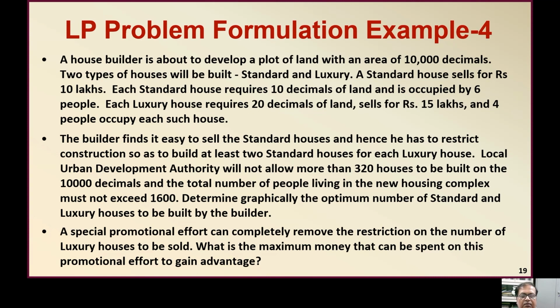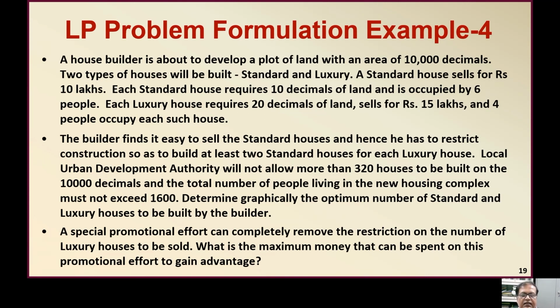Now what should be the objective function? The objective function is how much money the builder is going to make. That is also quite simple: the standard house sells for rupees 10 lakhs and the luxury house sells for rupees 15 lakhs. So obviously the maximum is z equal to 10x1 plus 15x2. And what are the different constraints?